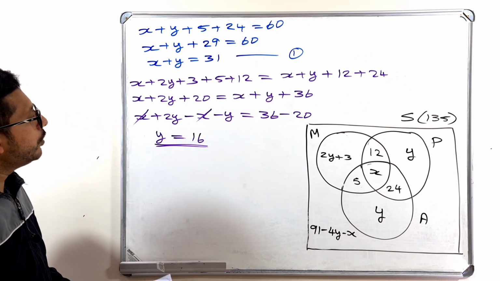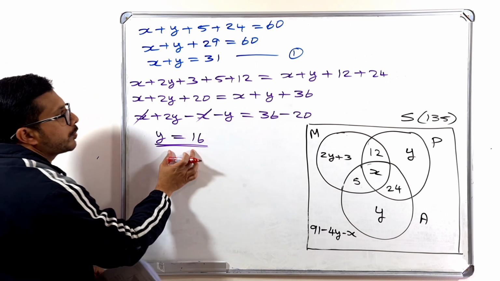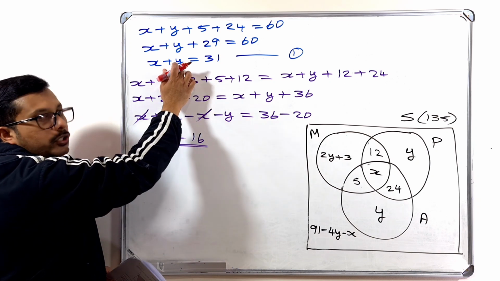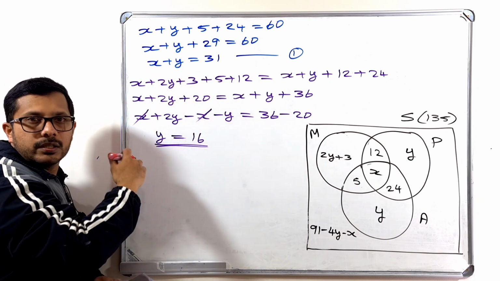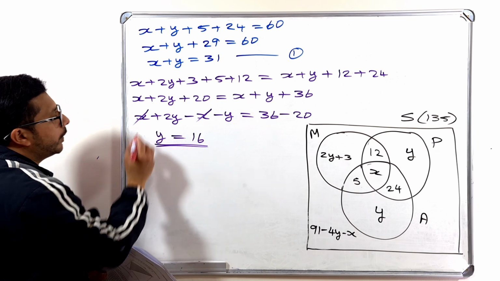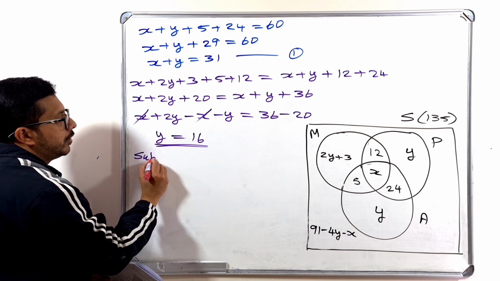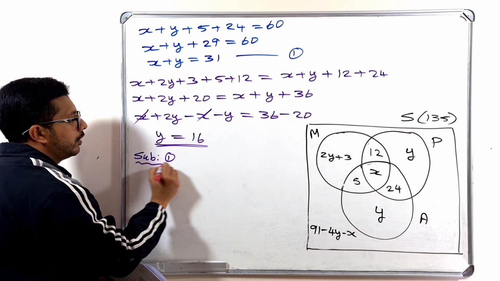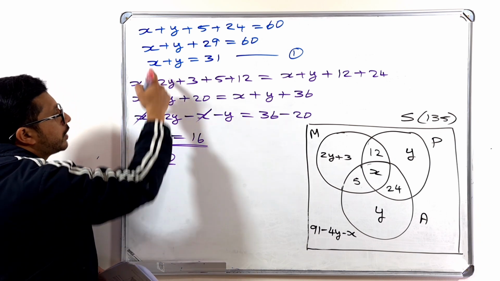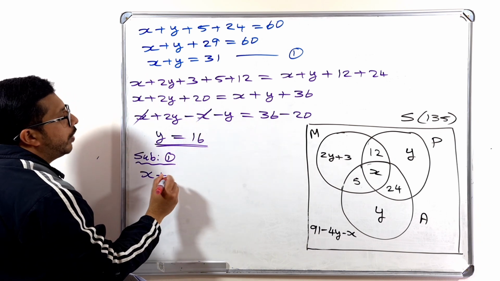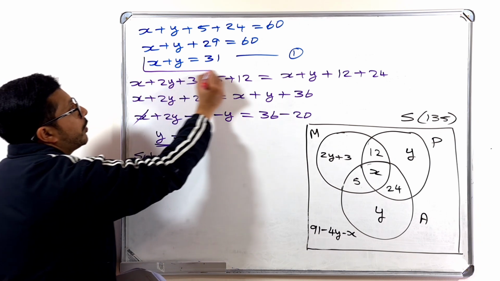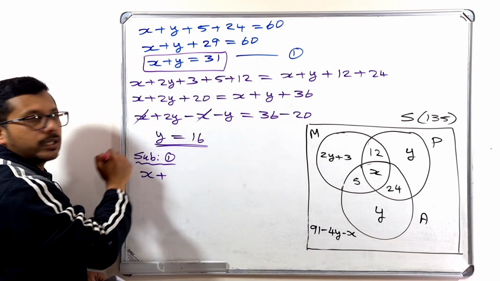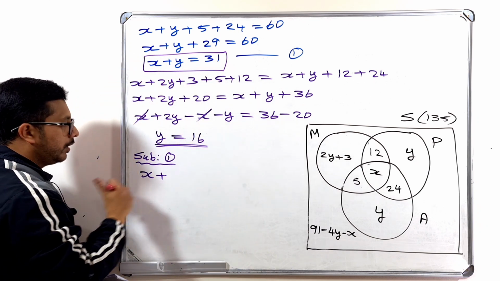Now to find the value of x, substitute this into equation number 1. That's easy. Equation number 1 is x plus y equals 31, so substitute the value of y as 16.